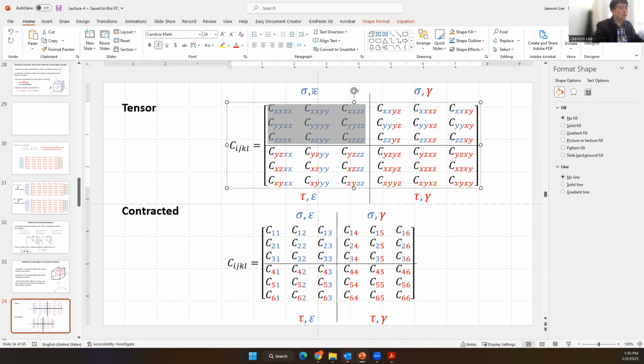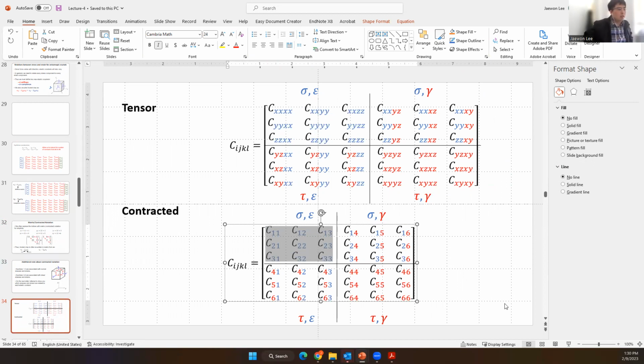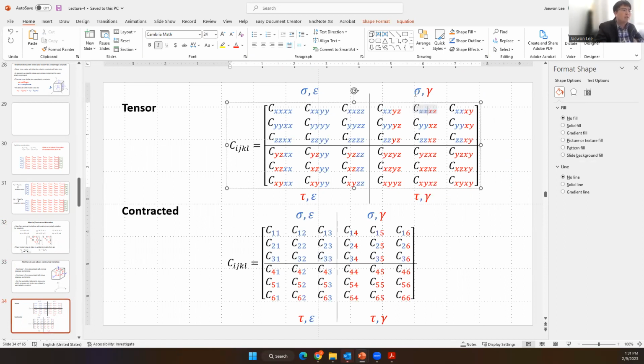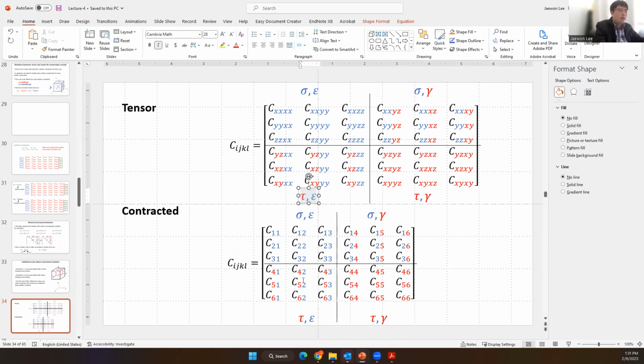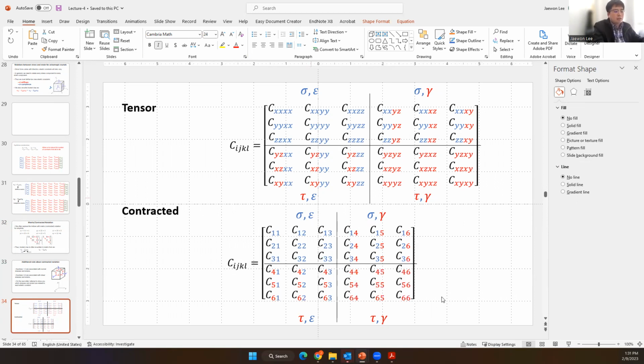So if we focus on this part, it is shear stress and shear strain. So it is simplified to 11, 12, 13, 21, 22, 23, 31, 32, 33. And then this is the normal stress and shear strain. It is related xx, yz is 14, 15, 16, 24, 25, 26, 34, 35, 36. And just shear stress and normal strain is described like that. And then the shear stress and shear strain could be expressed like this.